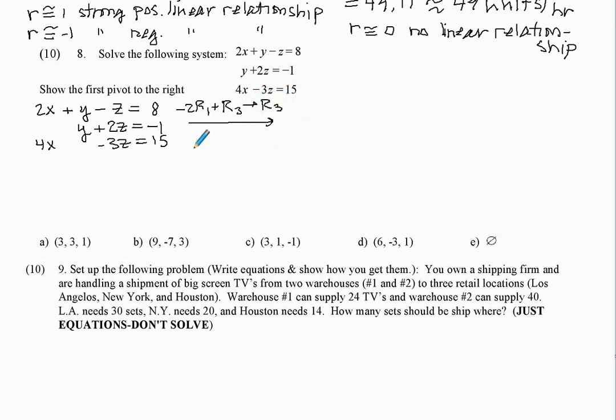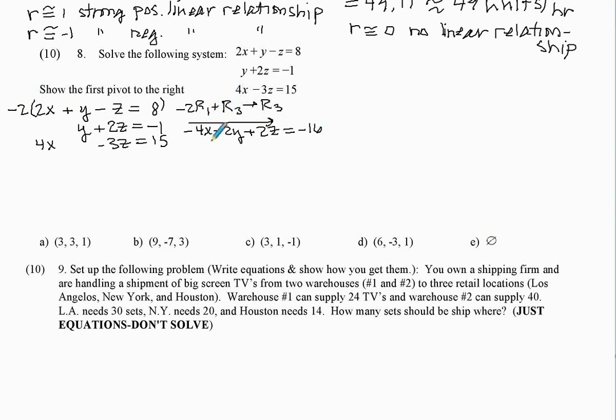Now let's carry that out. -2 times 2x would be -4x. -2 times y is -2y. -2 times -z is positive 2z. And -2 times 8 would be -16.